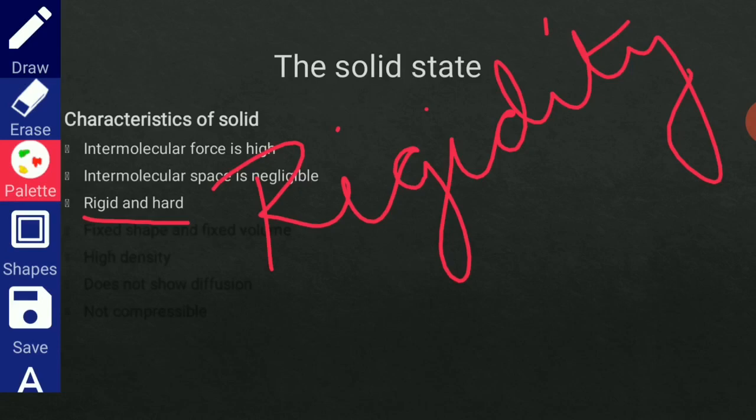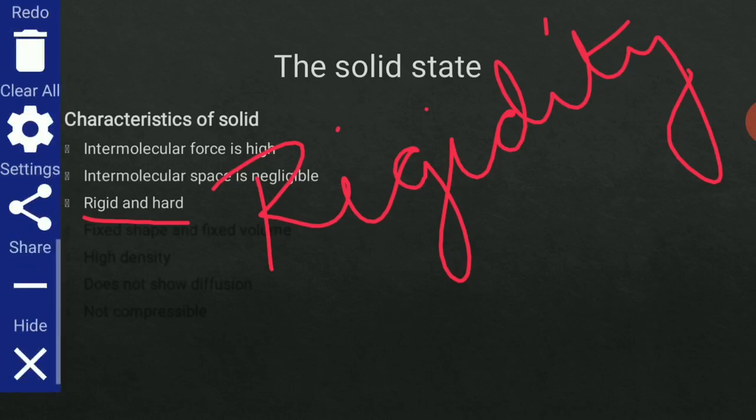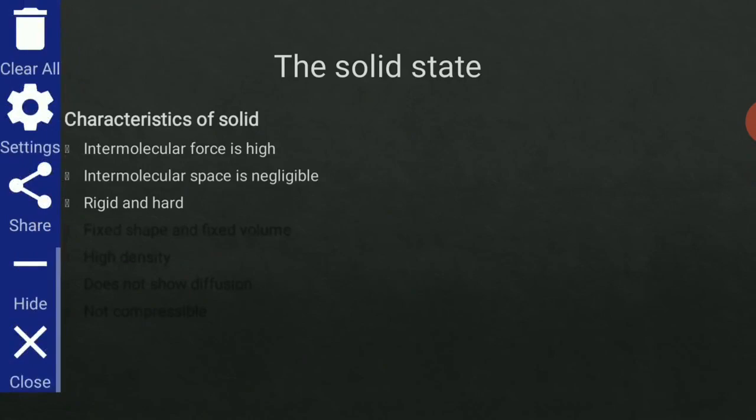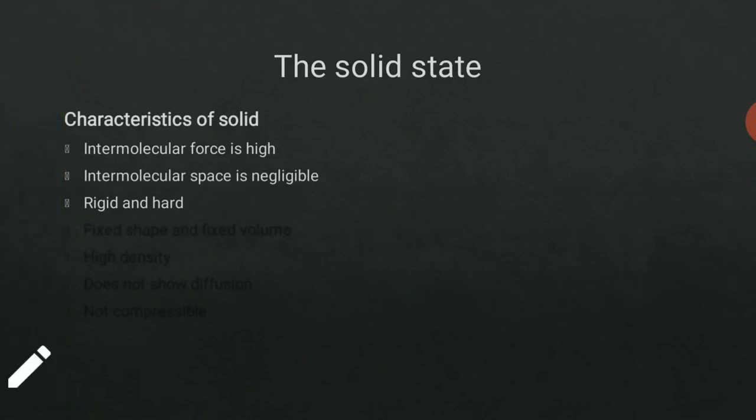So we can say that it is rigid. I hope you got it. Rigidity means the tendency to maintain the shape when an external force is applied on the matter. So therefore, the solids are rigid and they are hard. Hardness is due to the close packed structure of the particles in solid.